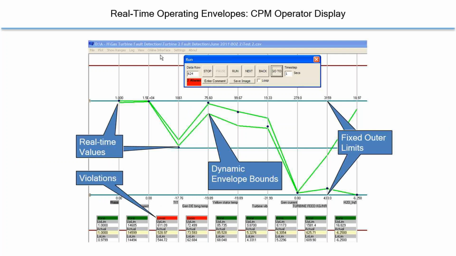In addition to offline analysis of the sort we've looked at, we also are involved in online performance monitoring, looking at real-time feedback from processes, where dynamically the operating envelope is located around our current operation point and feeding that back to the operators so they know how much space they have or whether they're already outside the boundaries.